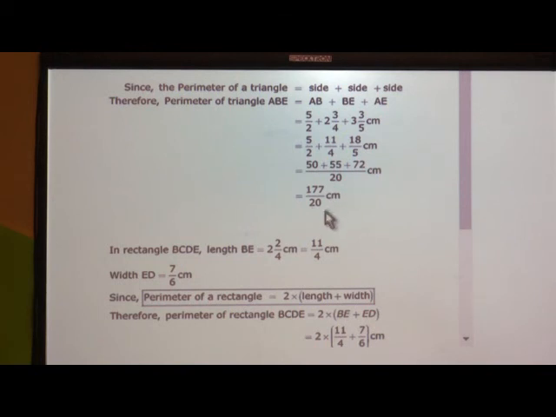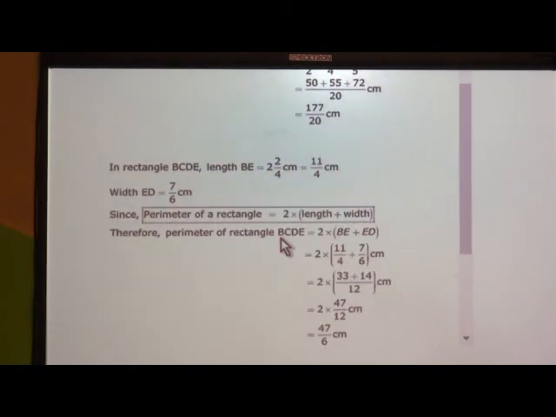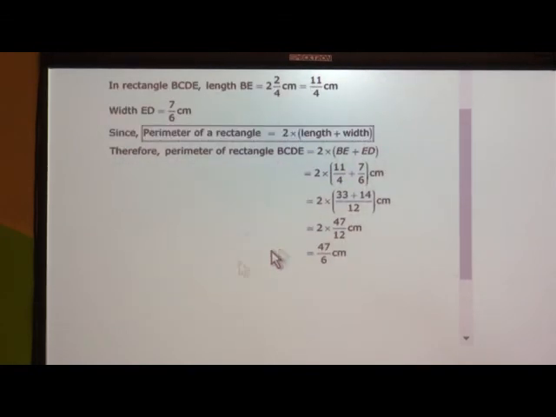This is the perimeter of the triangle. Only one part of the figure is done. Now we will go for the perimeter of the rectangle. In the rectangle BCDE, the lengths I explained before by the figure.